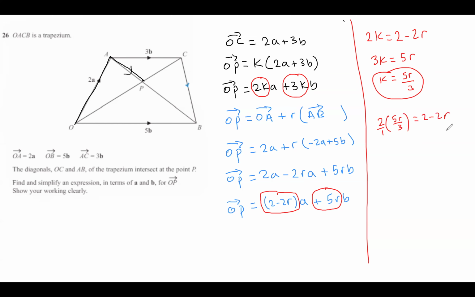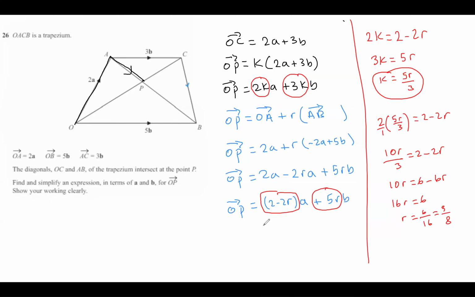It's 2 minus 2r. So what we end up with is, multiply through by 3, 10r is equal to 6 minus 6r. So we get 16r is equal to 6. So r must be equal to 6 over 16, which is going to be 3 over 8.